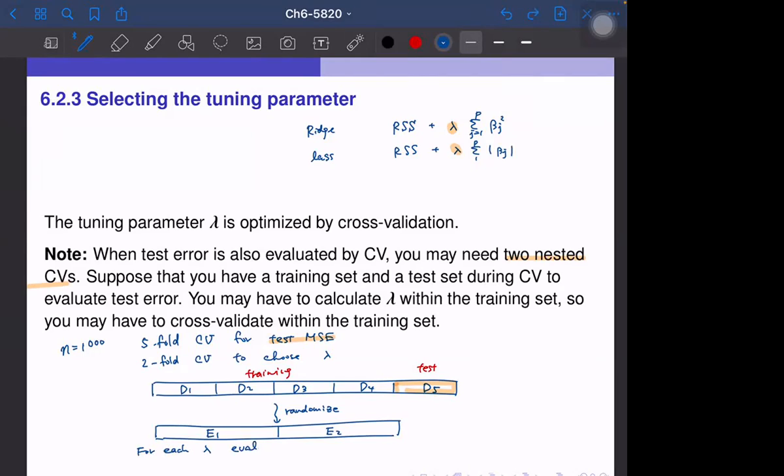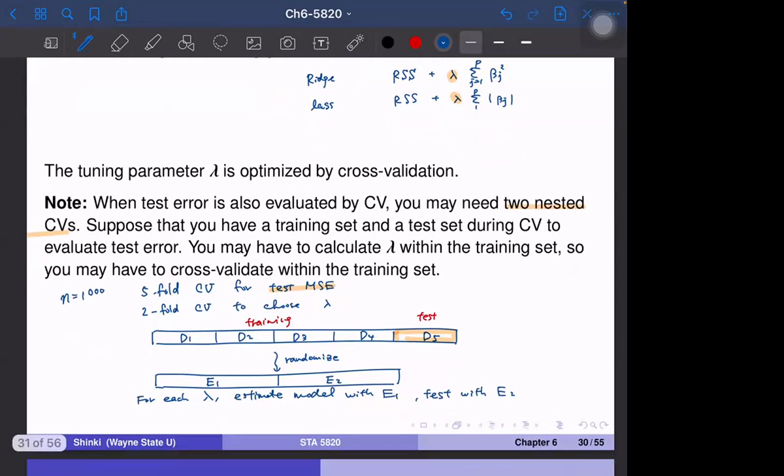I'm going to estimate the model with E1 and test with E2. Then we do the other way around: for each lambda, estimate the model with E2, then test with E1.